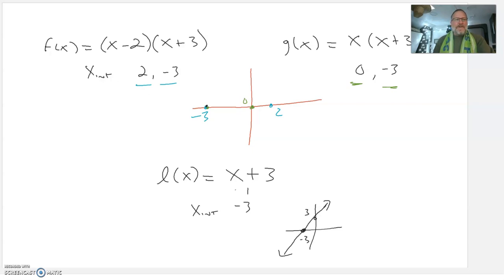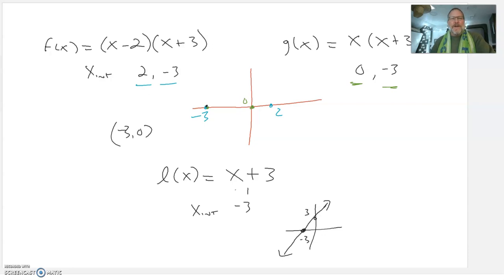So whatever these graphs look like, they have one dot in common. They have one intersection in common. And that's at -3. So when they say, hey, what's the solution to all of these? What answer makes them all true? You would say -3, 0 would make these all true. That's the key to this.